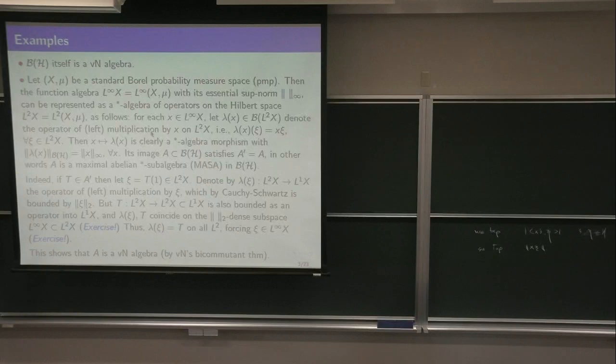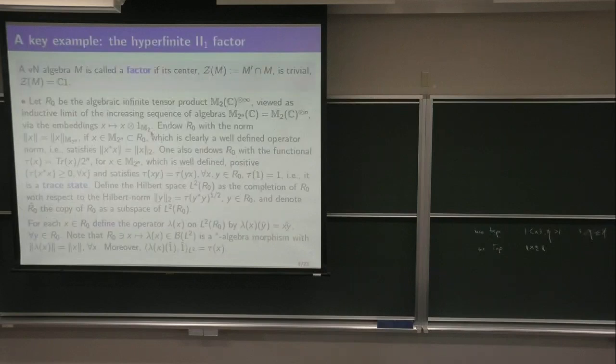Well, this shows that A is a von Neumann algebra because it's a commutant of something. So, now I'll construct another example, our hyperfinite II_1 factor. So first of all, what is a factor? We'll call it a von Neumann factor, or just a factor, because our framework is von Neumann algebras, so that's understood.